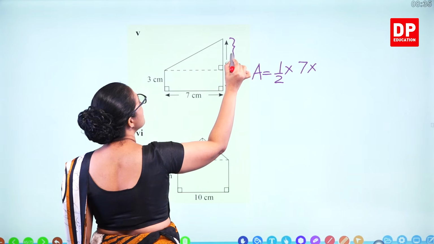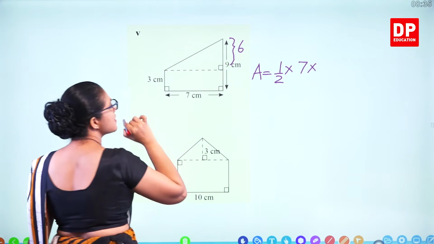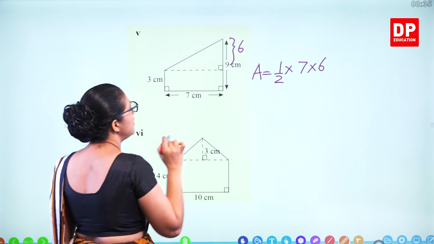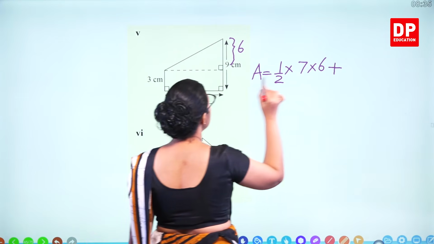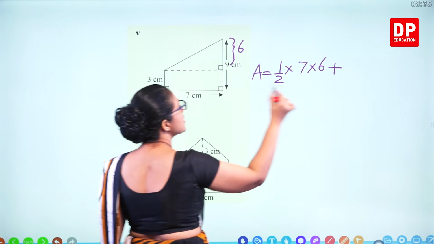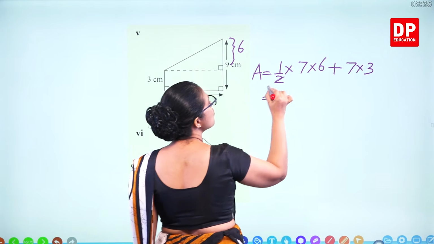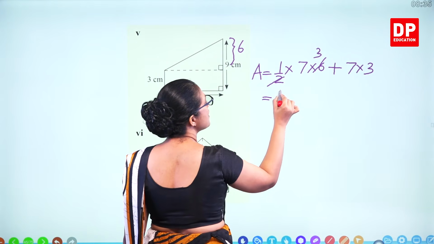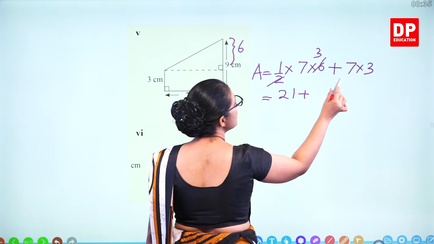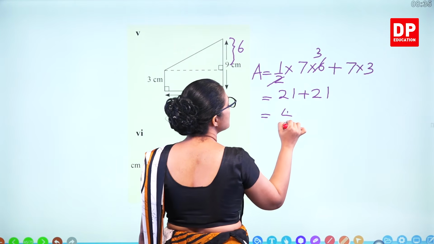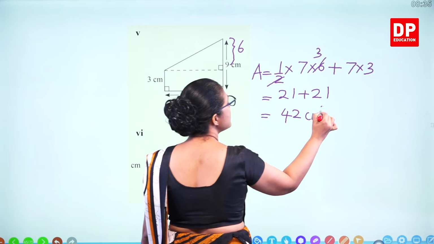So this becomes 9 minus 3, 6. That's the area of the triangle. What's the area of the rectangle here? 7 times 3. So you add it together. 2 times 3, 3 times 7, 21. 21 plus 21. You get 42 square centimeters.